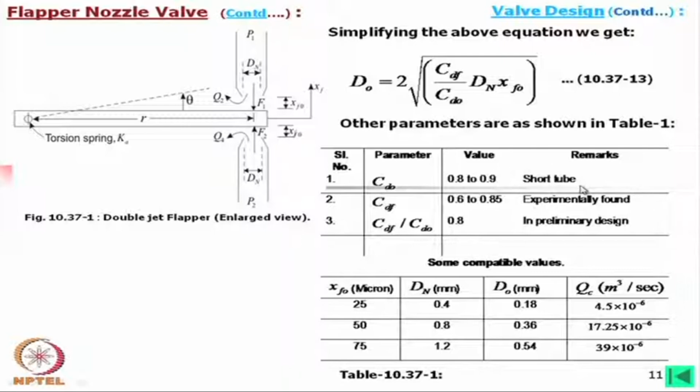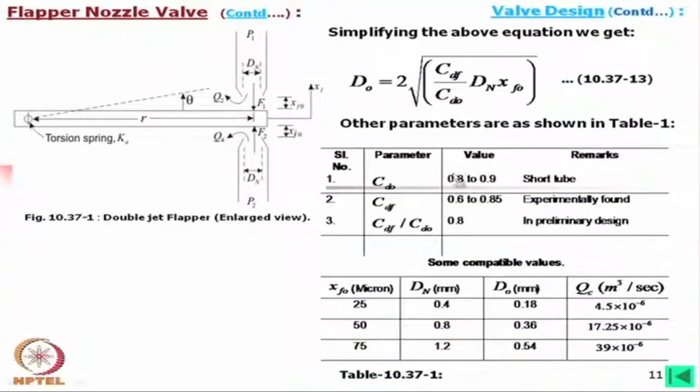In these orifices the length is very small, a very thin plate with a hole, whereas in these cases a certain length is there, but using such a short tube orifice is found to be better from the control point of view.